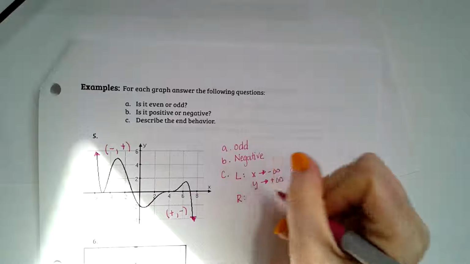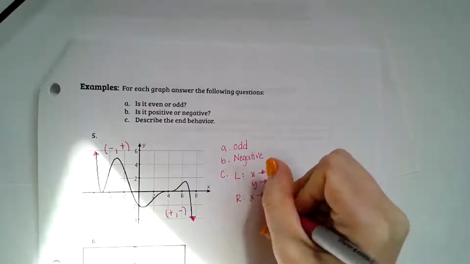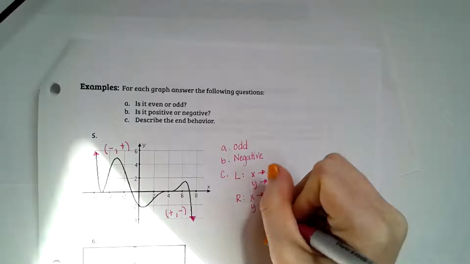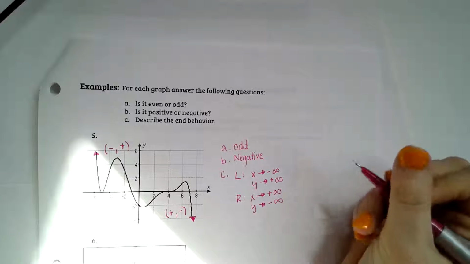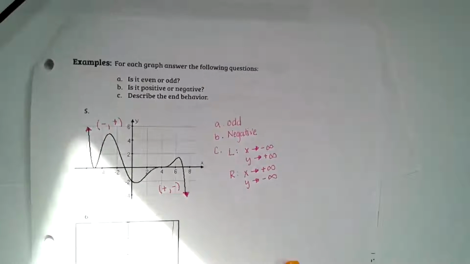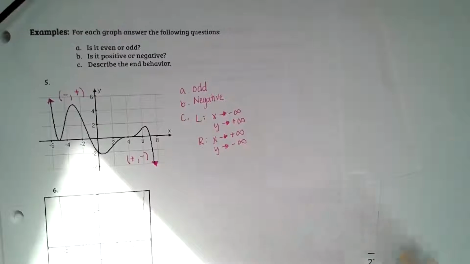Then the right side, x is positive infinity and y is negative infinity. Sorry about this glare.